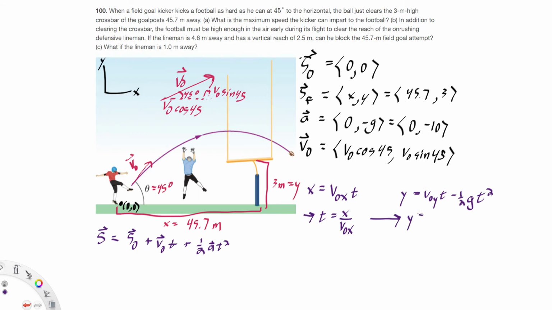So y equals v naught y x over v naught x minus 1/2 g x over v naught x quantity squared. Just like last time, I'm actually going to give us a little bit of room to do this algebra.